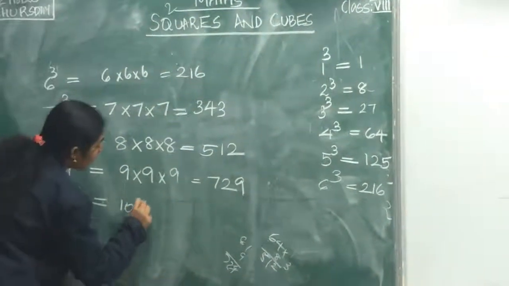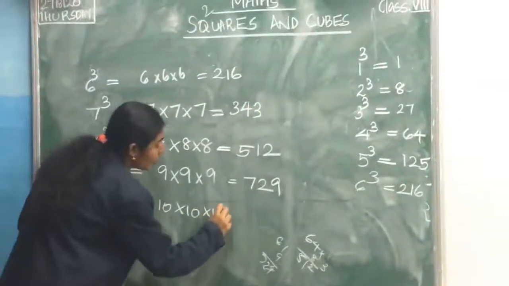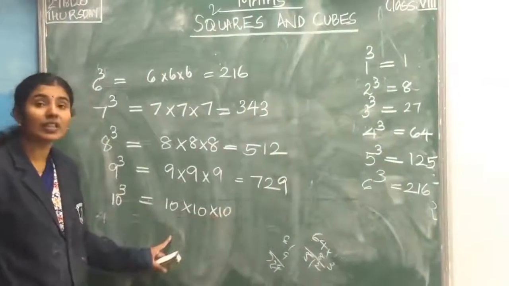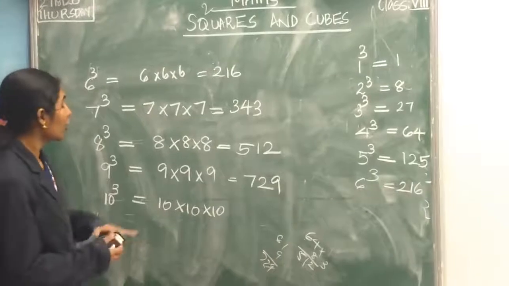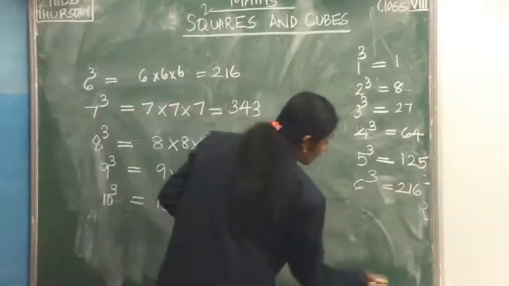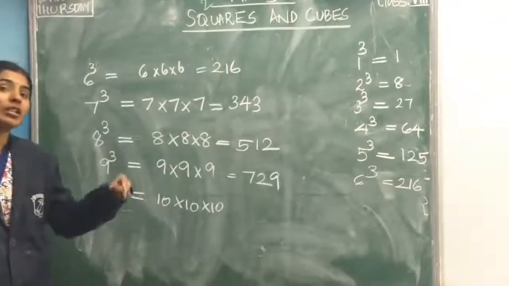What is 10 cube? 10 you should multiply 3 times. You know there is 1 followed by zeros. You don't need to multiply these numbers when you have multiples of 10.